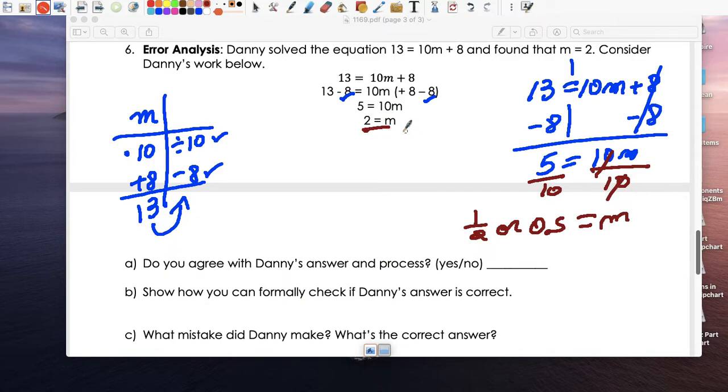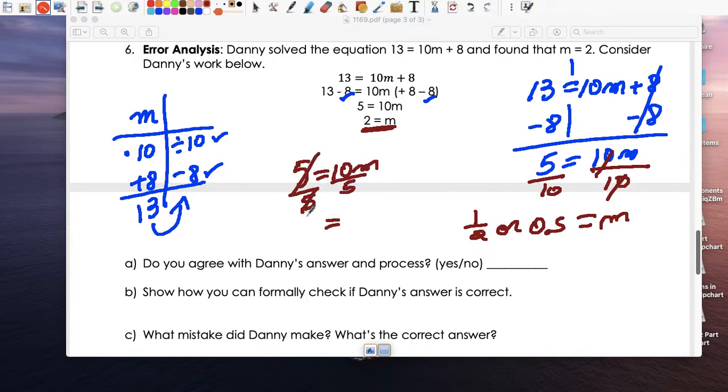I don't know if Danny's a boy or a girl, well she got 2, m equals 2. So what do you think was her mistake? How did she get 2? Maybe she divided 10 divided by 5? I don't know how she got 2, because this is what she had. And then if you divide both sides by 5, right?